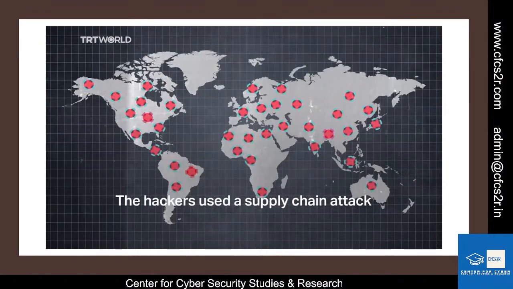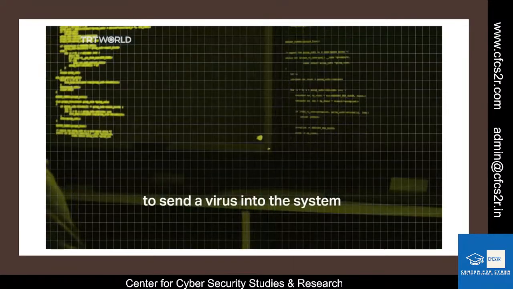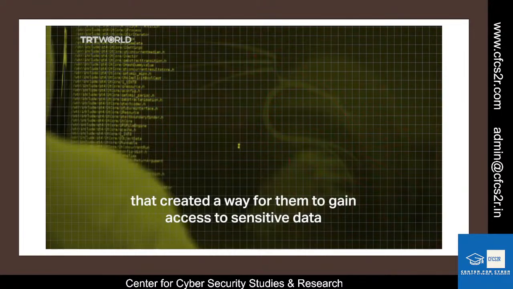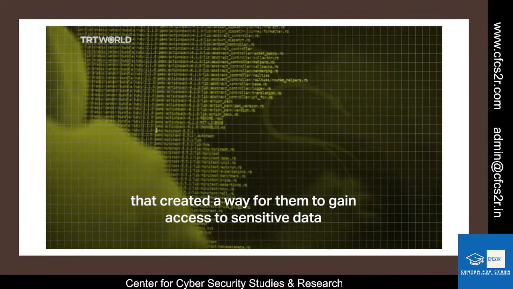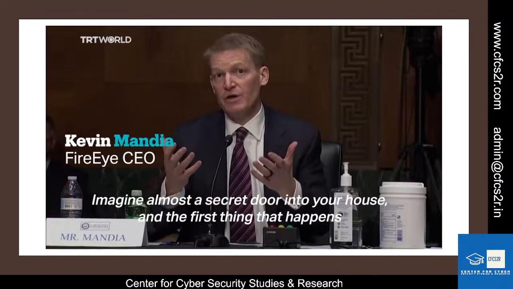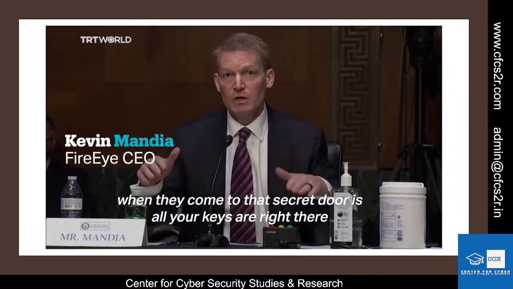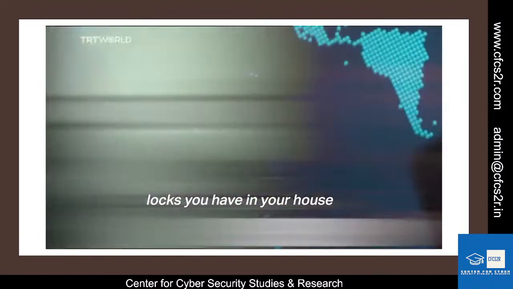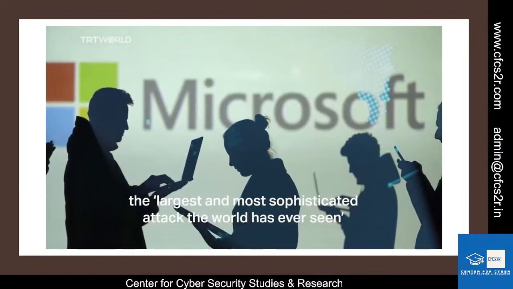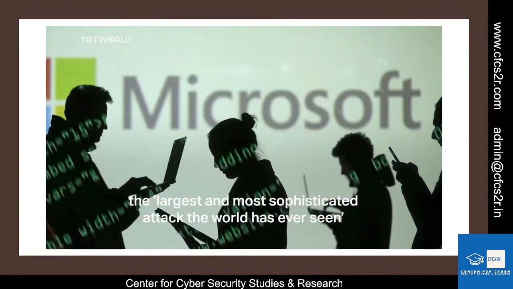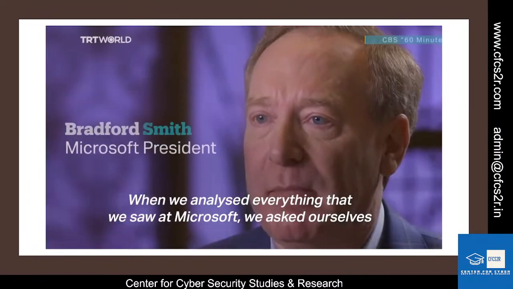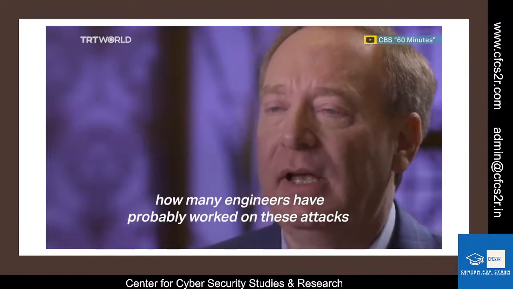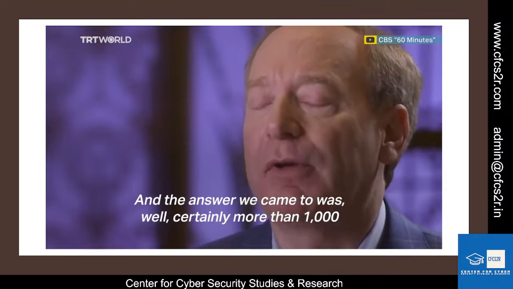The hackers used the supply chain attack to send a virus into the system, which spread to the company's clients through software updates that created a way for them to gain access to sensitive data. Imagine almost a secret door into your house, and the first thing that happens when they come through that secret door is all your keys are right there. They just grab them, and now they can get into any locks you have in your house. The president of Microsoft called it the largest and most sophisticated attack the world has ever seen. When we analyzed everything that we saw at Microsoft, we asked ourselves, how many engineers had probably worked on these attacks? And the answer we came to was, well, certainly more than 1,000.